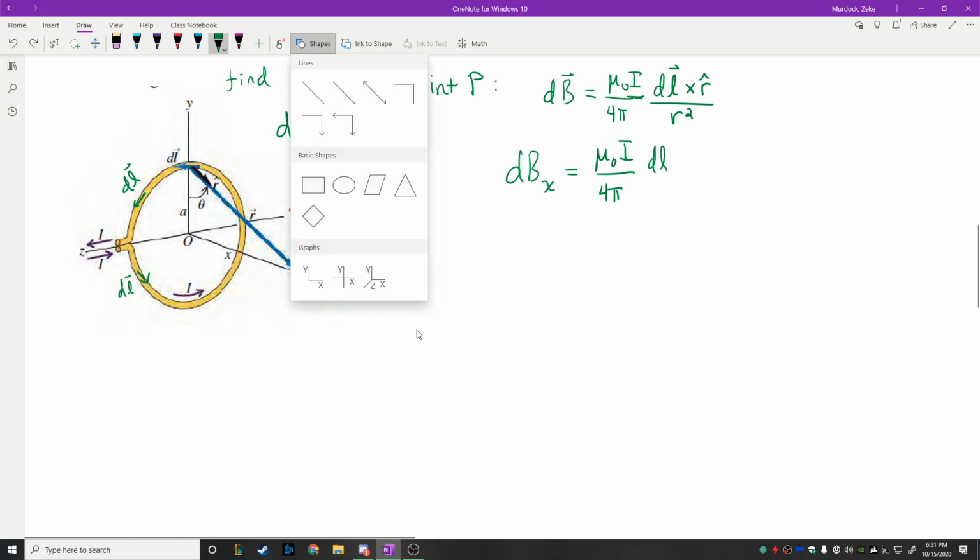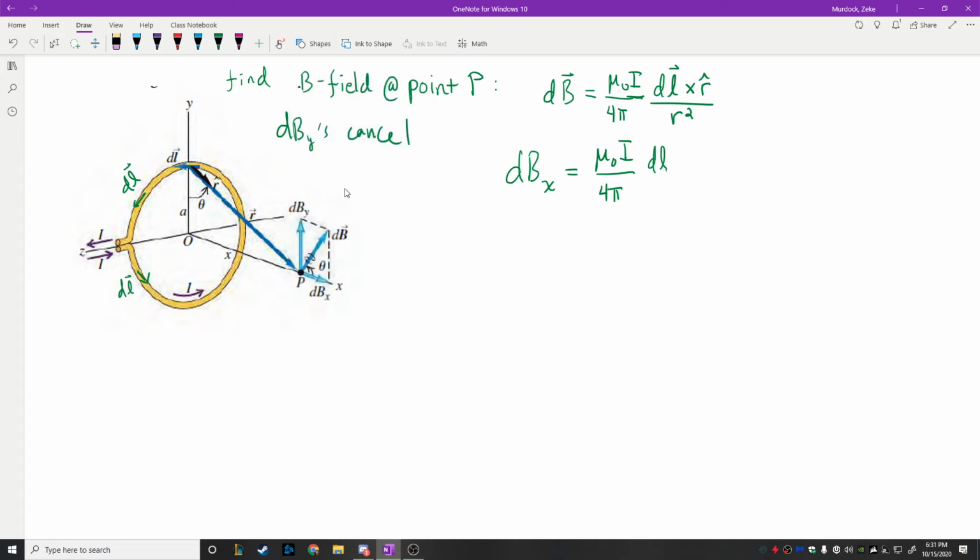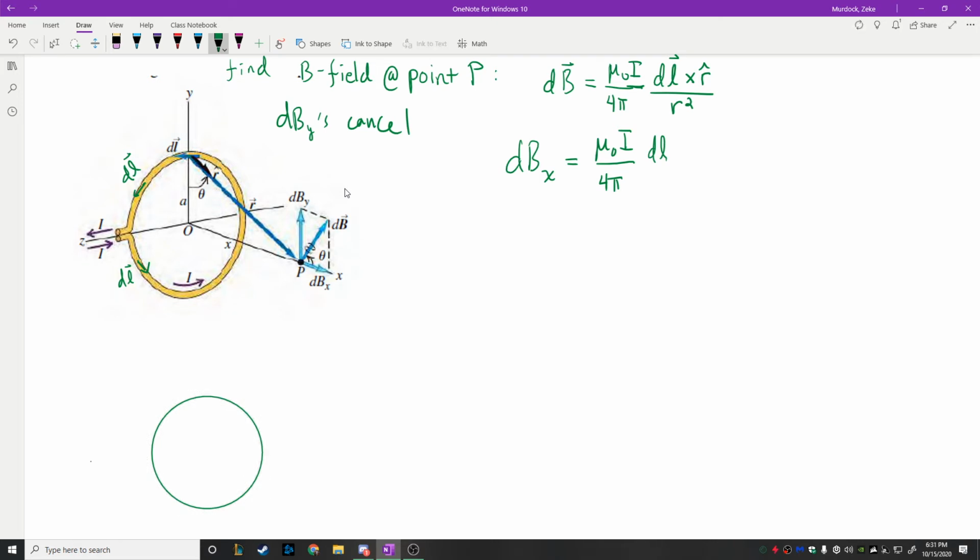So what if we draw it in a plane like this? So this is our loop, let's say. And that's the center of the loop. And then the dl vector is going this way. And now we're going to draw a vector from here to some point that is kind of in front of us, right?